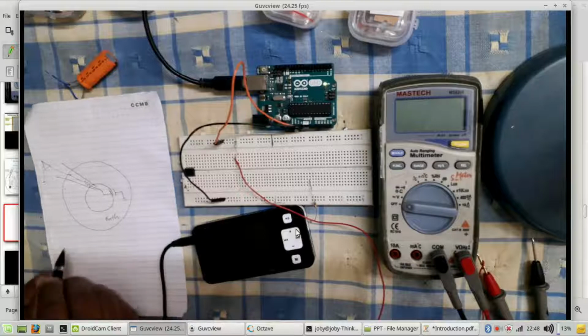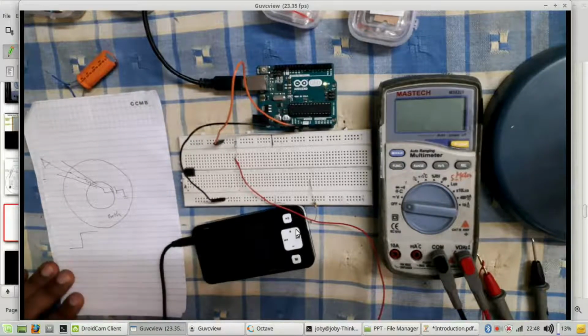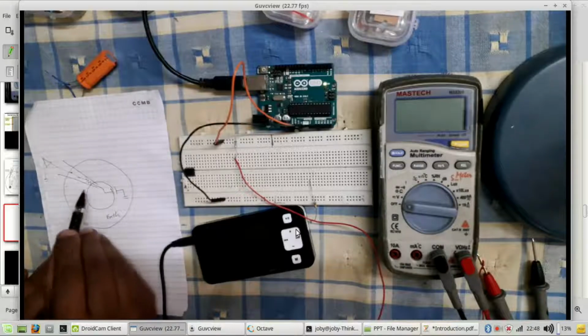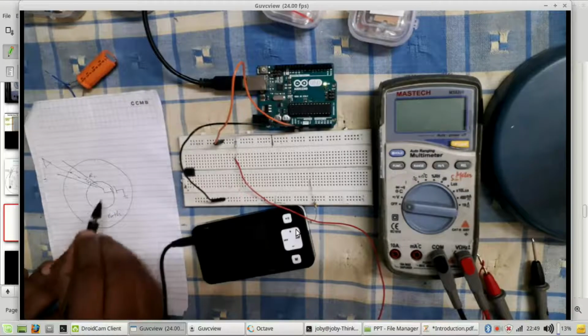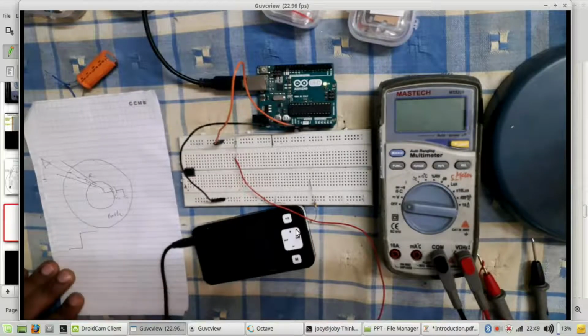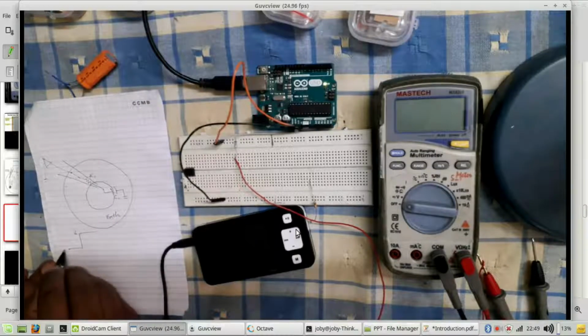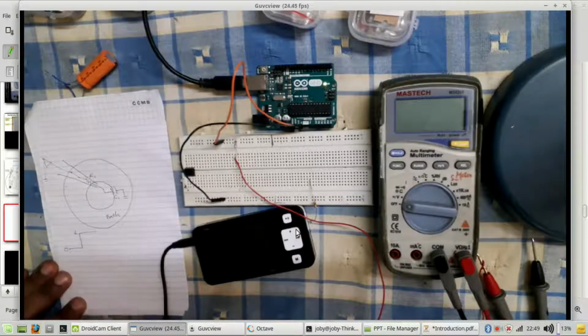Now suppose we were to apply a step voltage at this point with respect to the ground. Through this resistance, which we call R1, it will charge this capacitor C1 to whatever voltage we applied. Let us say it's initially held at 0 voltage, and then we step it up to this VA.